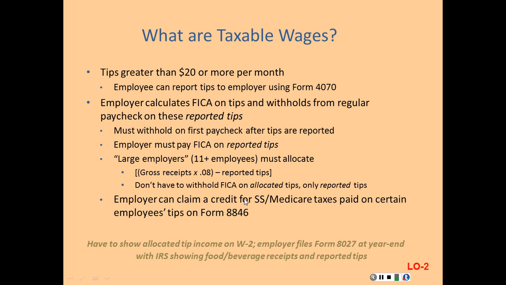So that's a discussion of tips, and that's the IRS and Social Security evolving to try to get any of the economy that goes on outside of the reporting area to drag it back in and try to get the fair share of taxes paid by it. Okay, let's talk about some wages that are not under Social Security that are exempt.